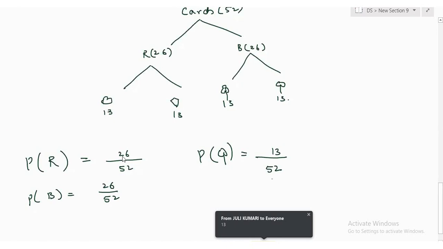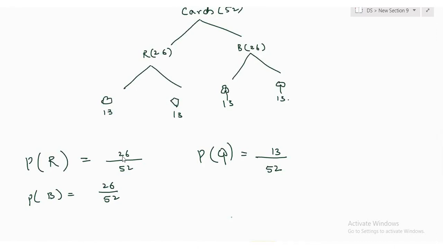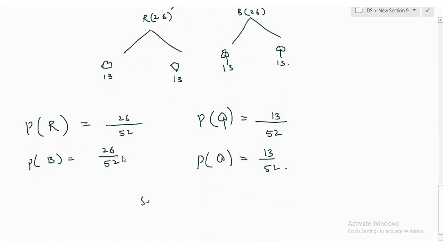Don't simplify it as 1 by 4. I know you guys are good at math, but don't do that. Especially whenever you are doing probability calculations, keep it as it is. What about this? Again, 13 by 52.